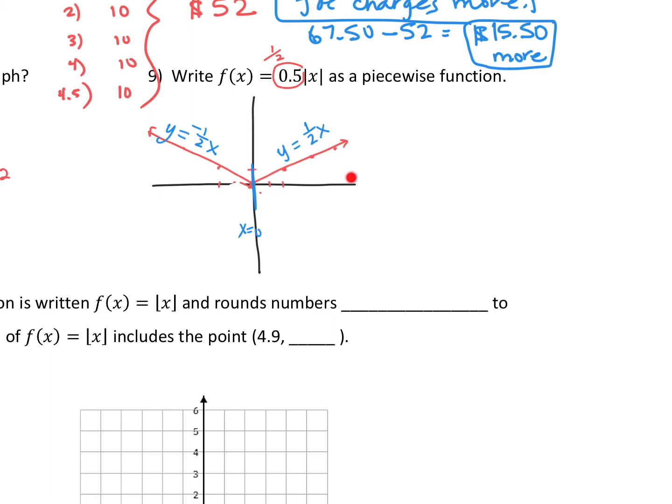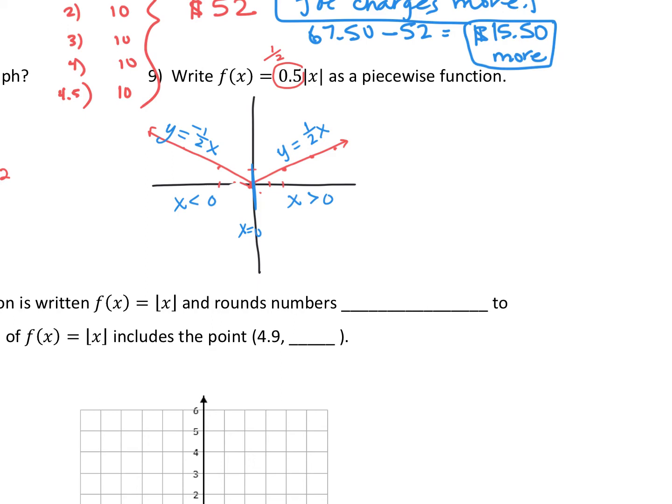Well, over here on the right side, where we have our y equals 1/2 x, this is to the right of 0. So this side of our graph, that's where all your x's are greater than 0. And then over here, where we kept this piece of the line, this is on the left side of 0. So this is where all of our x's are less than 0.